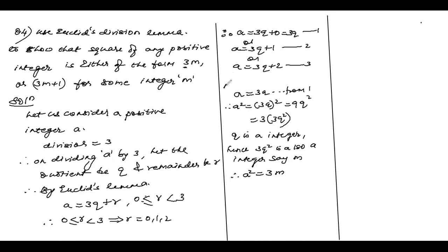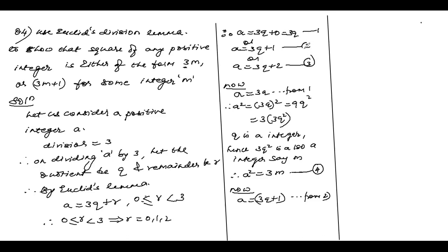Now, please have a look here. I want all squares. So now I'm talking about, again, A is equal to 3Q plus 1. If you want, you can just say from 2. Okay, this is my statement number 4.